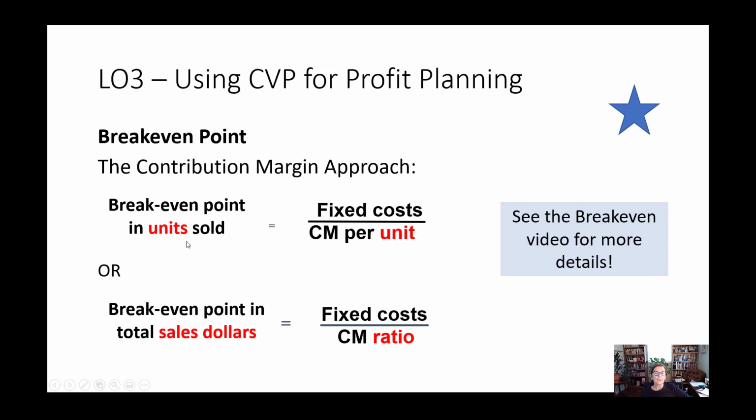And that gives you the number of units you need to sell to break even. Or, different formula, if you want to know how much break-even point is in total sales dollars, in other words, how many dollars of sales do we need to break even, you take your fixed costs and you divide it by your contribution margin ratio instead of your contribution margin per unit. So units, remember, per unit gives you units, ratio gives you sales dollars.